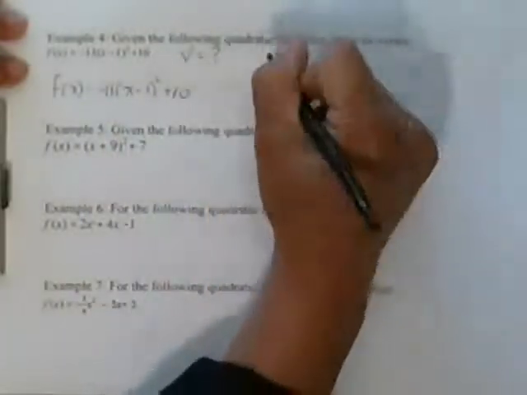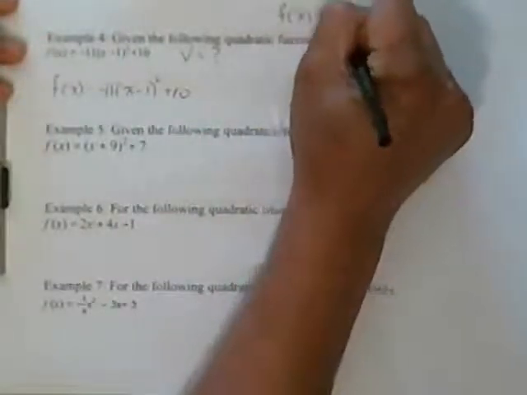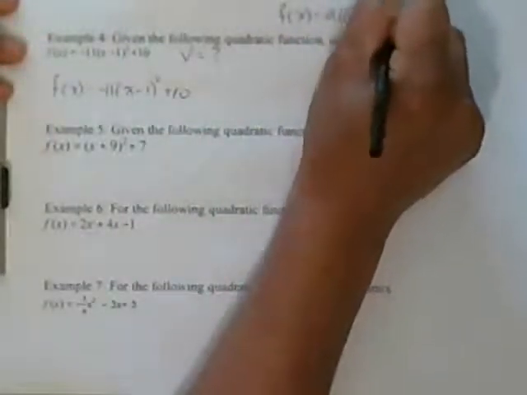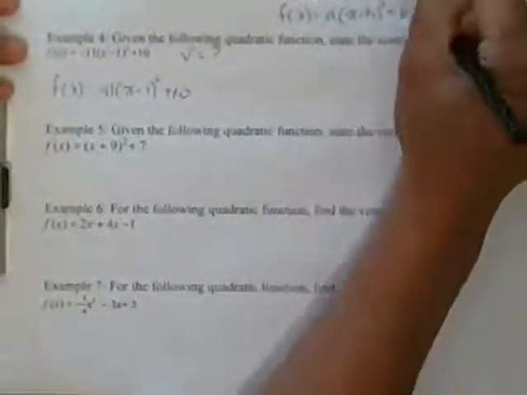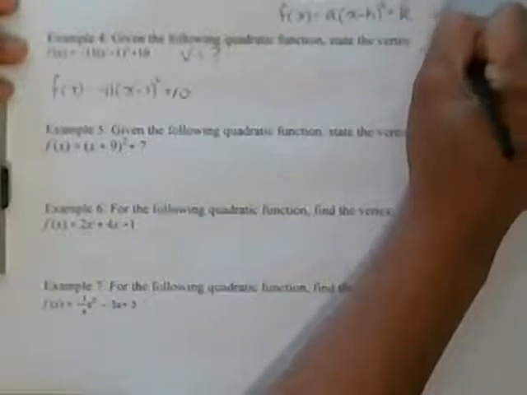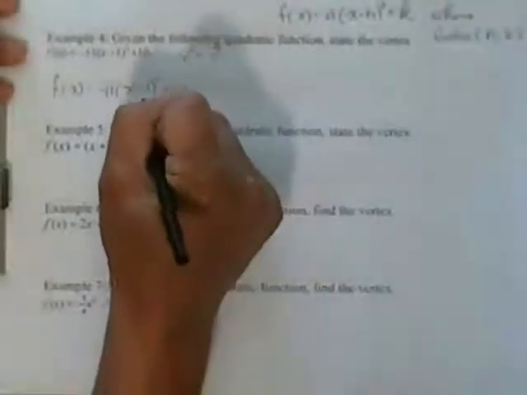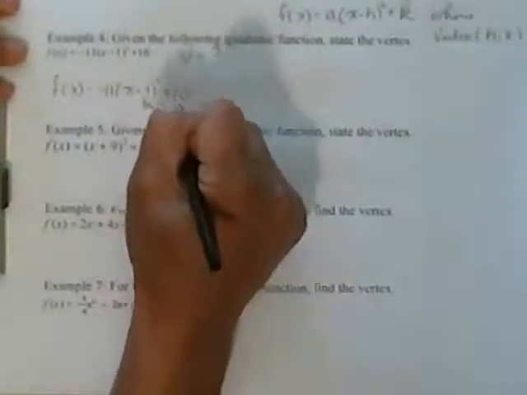And the vertex form, or the standard form, the way they have it, is equal to a times x minus h squared plus k, where your vertex is going to be h comma k. So that's my h inside there, and that's my k.